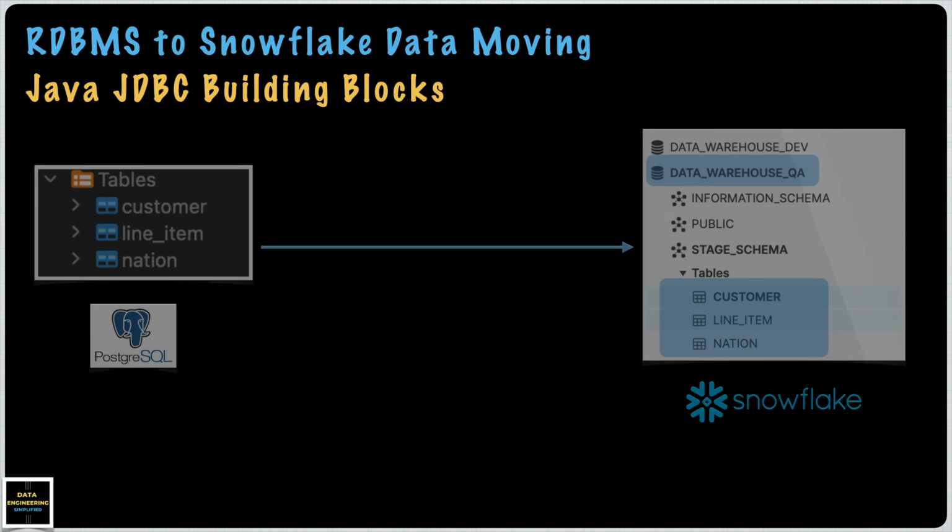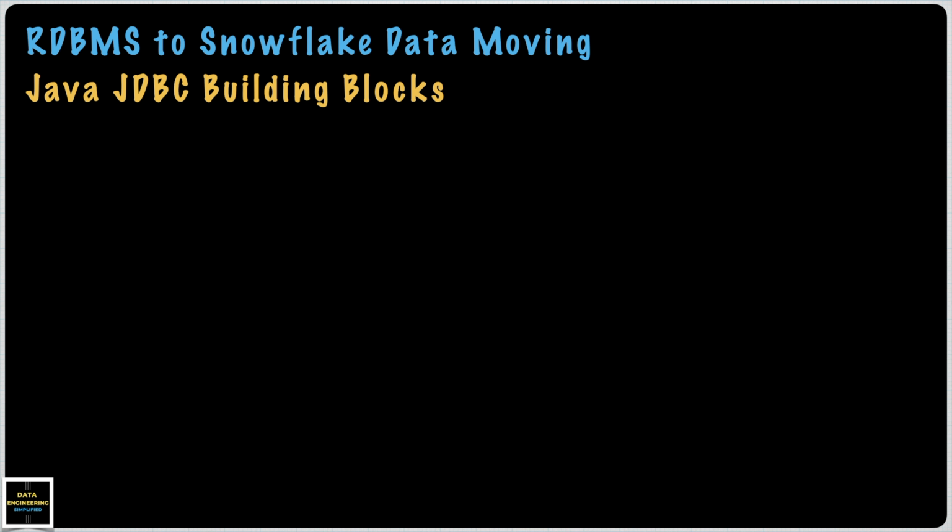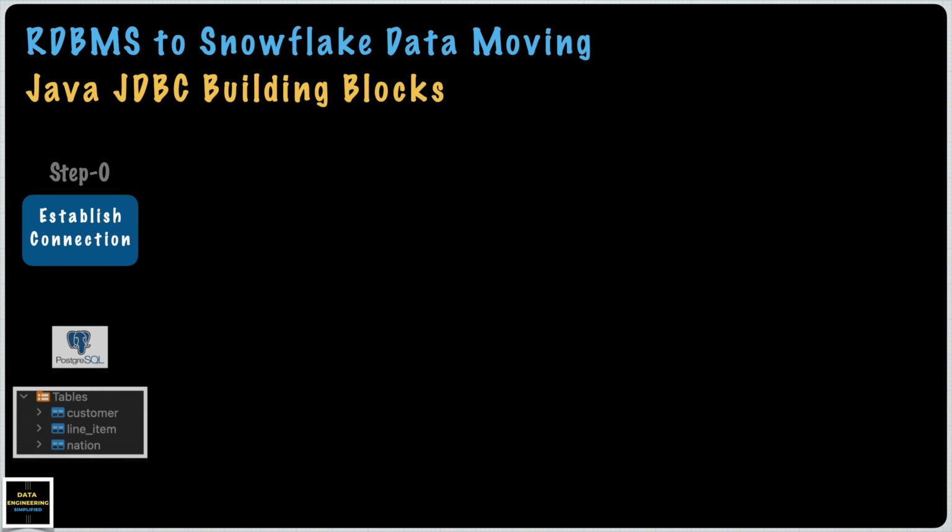To move our data from Postgres database to Snowflake, we have a total of 6 steps in our process. These steps will help us move our data from Postgres database to Snowflake data warehouse system without any manual effort. Step 0 will establish a connection with Postgres database using Postgres JDBC Driver, very similar to what we have done for Snowflake.